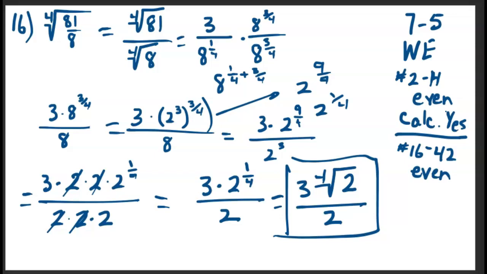And then 16 through 42 even, you're manipulating each of those expressions to get a simple radical form. So expect there to be a radical sign in your answer. Don't let the radical sign be in the denominator of a fraction. Okay? Enjoy this assignment.